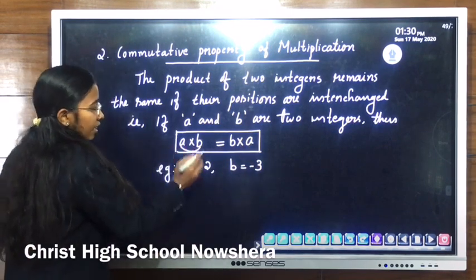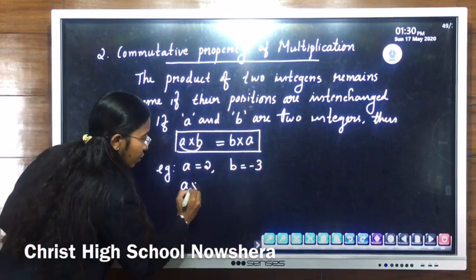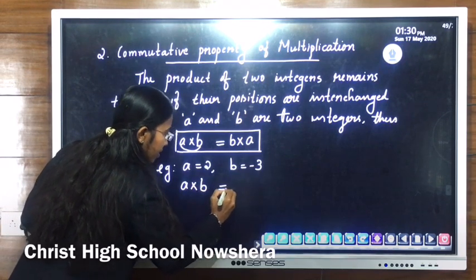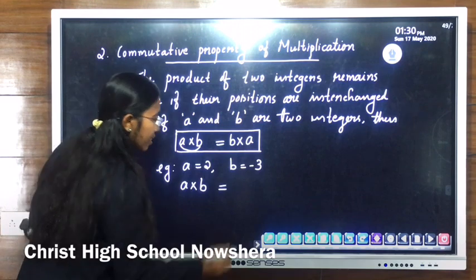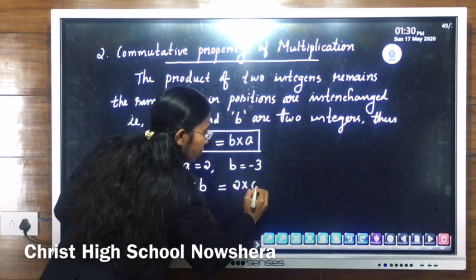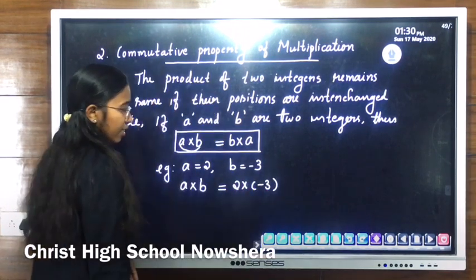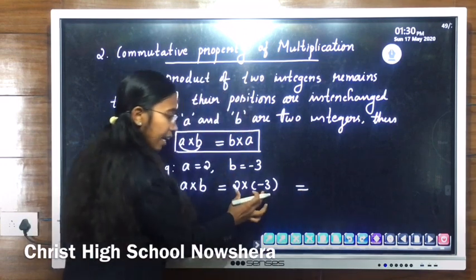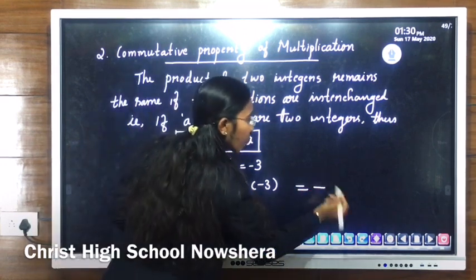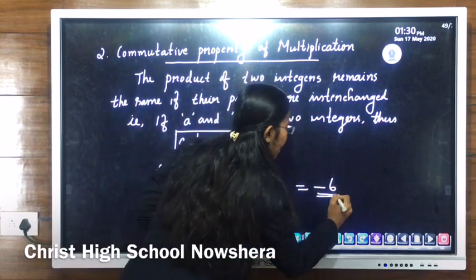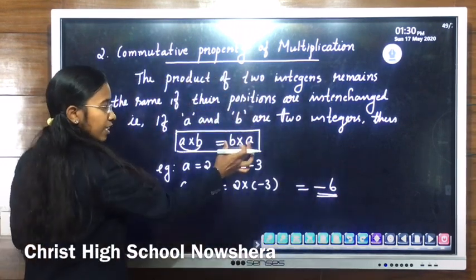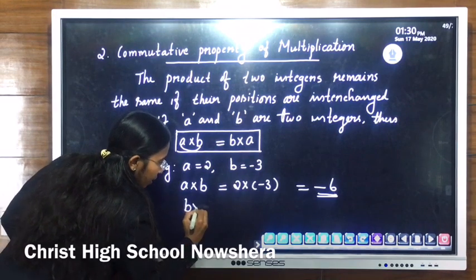So first take our LHS, that is A into B. At the place of A, 2, and at the place of B, minus 3. 2 into minus 3. This is unlike integers, so our sign is always negative. And 2 into 3, minus 6. This is our LHS. What is our RHS here?